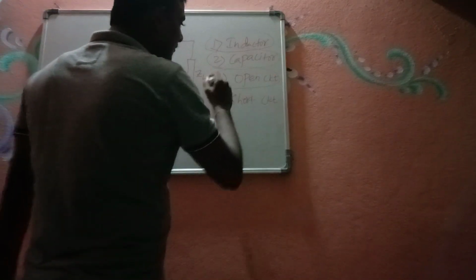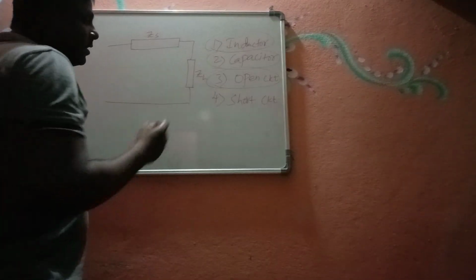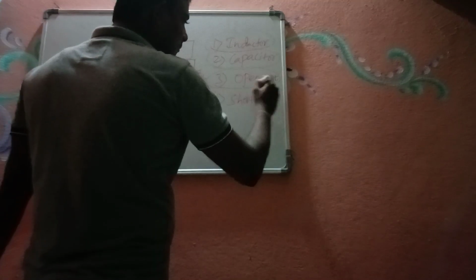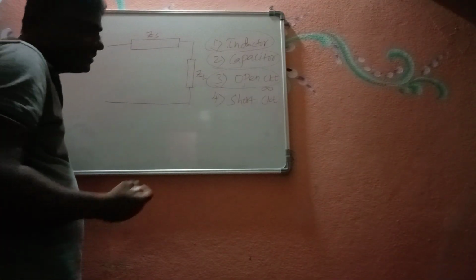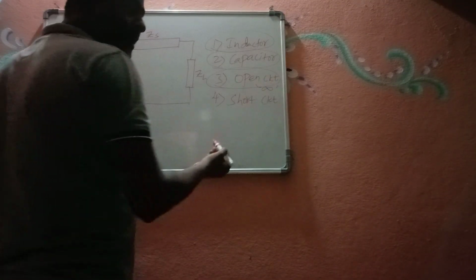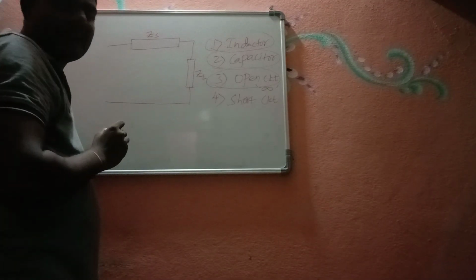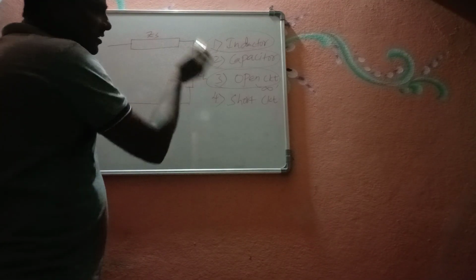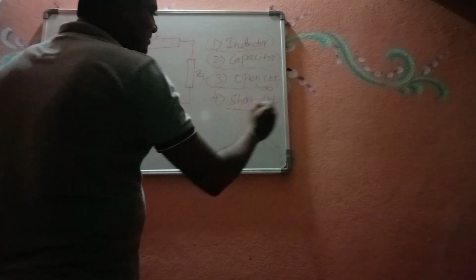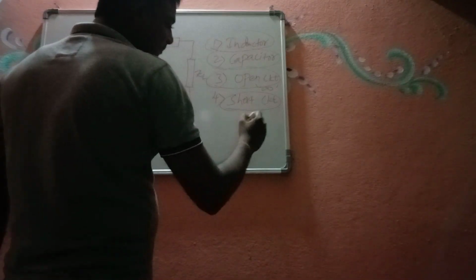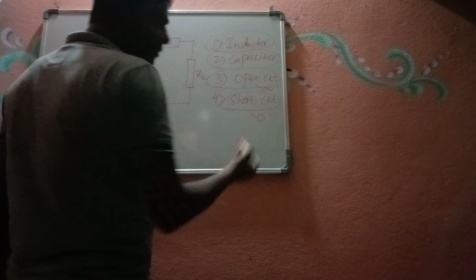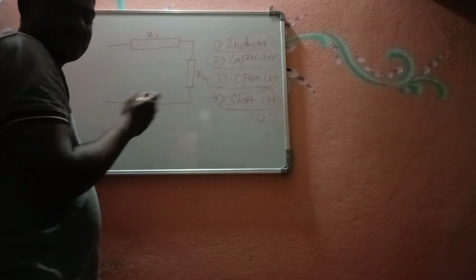And in the open circuit, the load has infinite impedance and the line impedance is finite, so these are also not equal. In the short circuit case, the impedance is 0, but the line has a finite impedance of ZS.